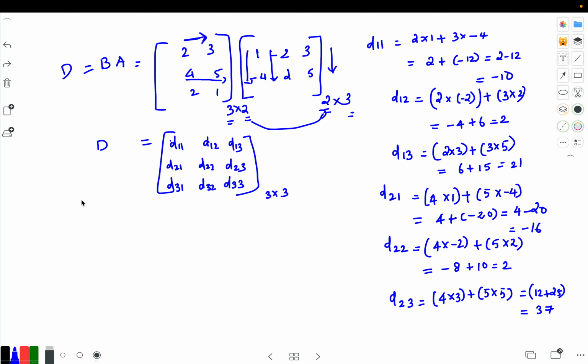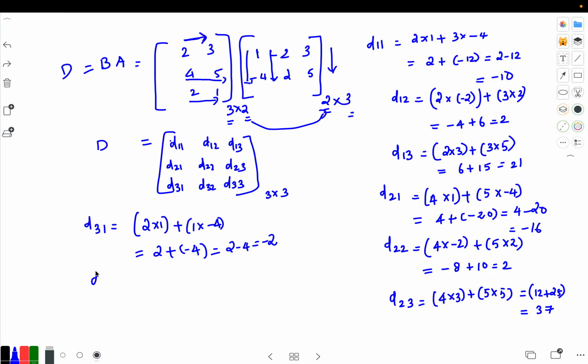Next we find D31, the sum of the products of the third row with the first column, that is 2 into 1 plus 1 into minus 4, which is 2 minus 4, that is minus 2.